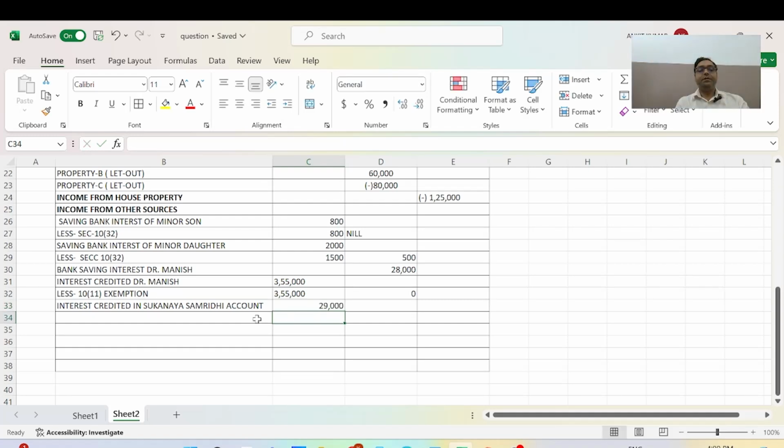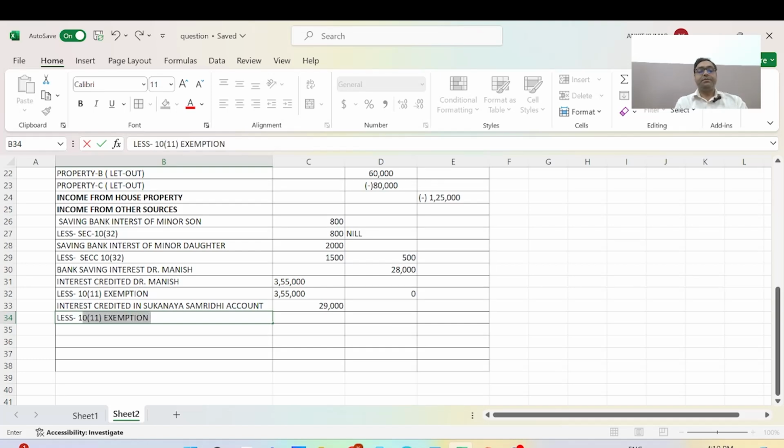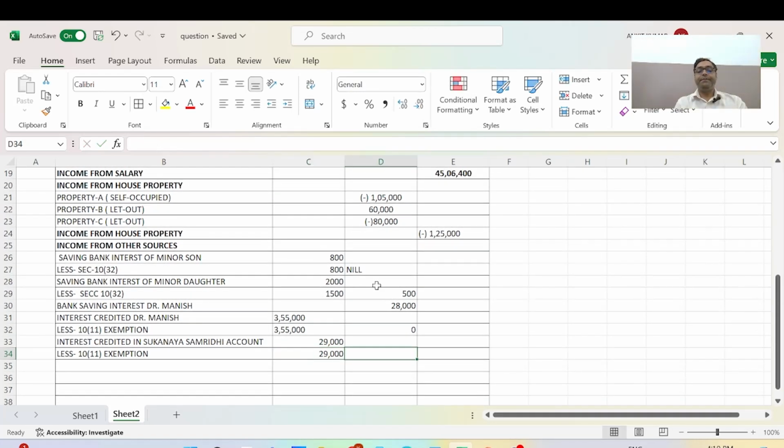As per the government's declaration, this amount is fully tax exempted under Section 10 clause 11. So it is fully exempted.